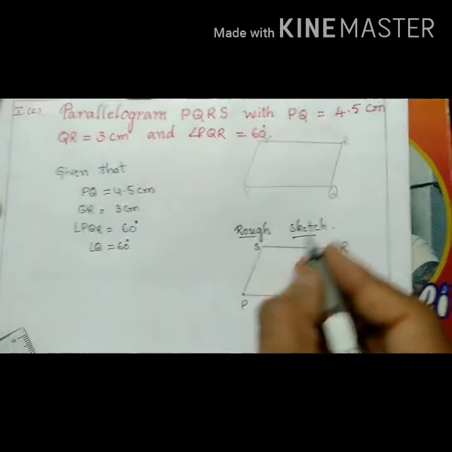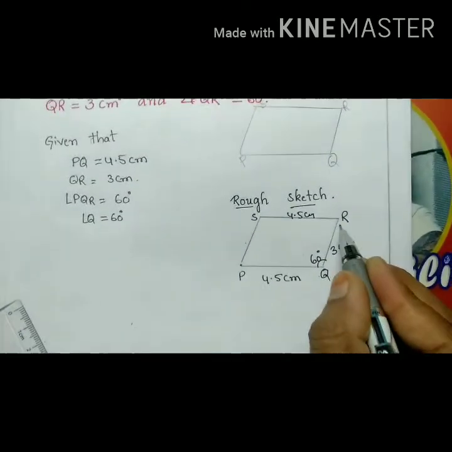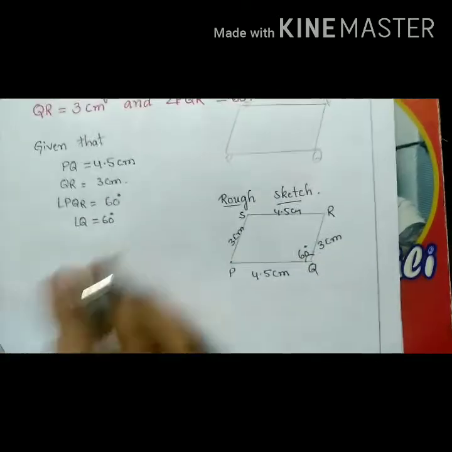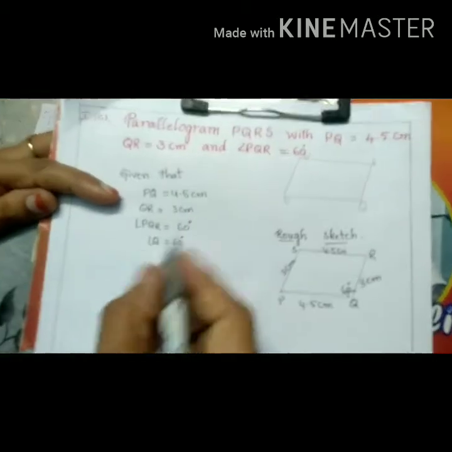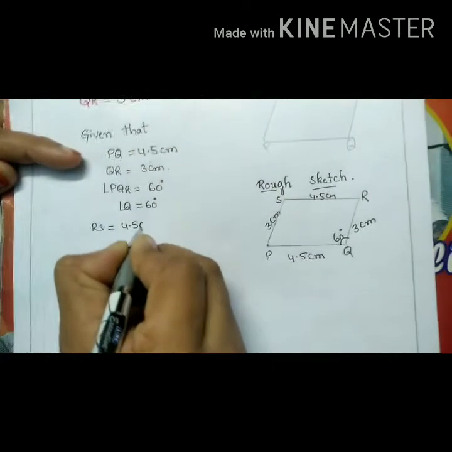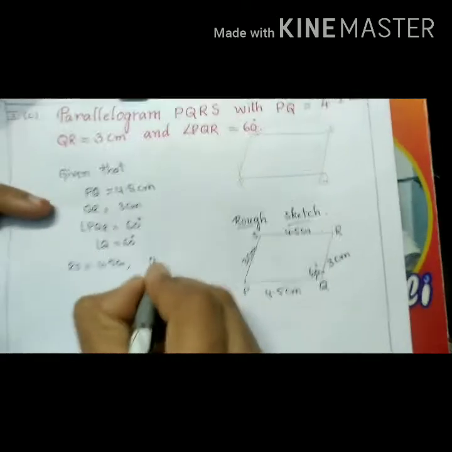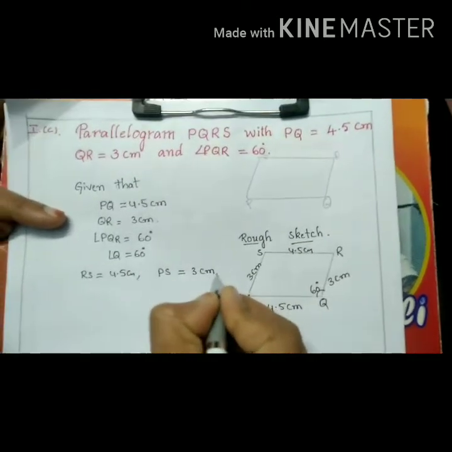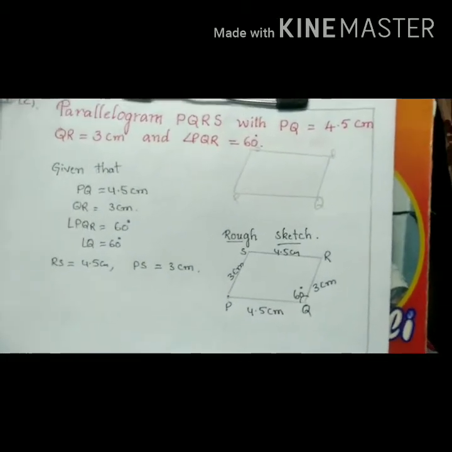Then the PQ opposite side is RS, so it is 4.5 centimeters, and QR's opposite side is PS, so it is 3 centimeters. Then PQ 4.5 centimeters, at the same time RS equal to 4.5 centimeters, and QR opposite side is PS, therefore PS equal to 3 centimeters. Did you understand, children? Okay, let us start the main diagram.